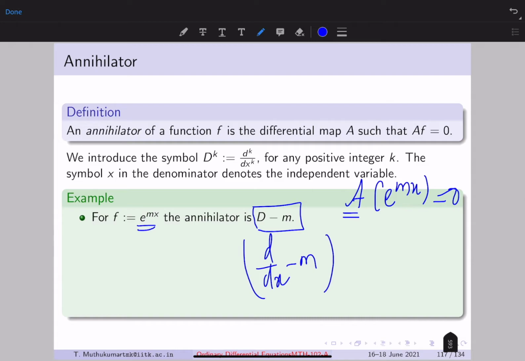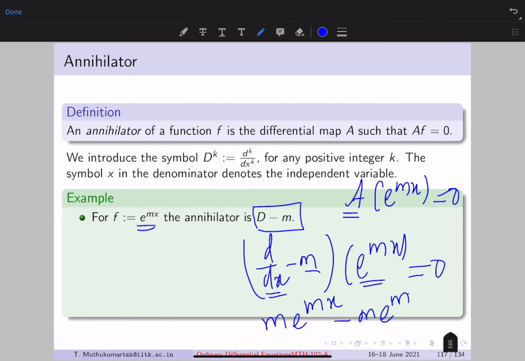This is your A. This acting on e^(mx) is always 0. You can verify that, because the derivative of e^(mx) will give you m e^(mx), minus m e^(mx) is 0. So this is your A, the annihilator of e^(mx).